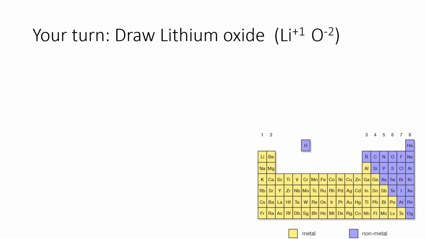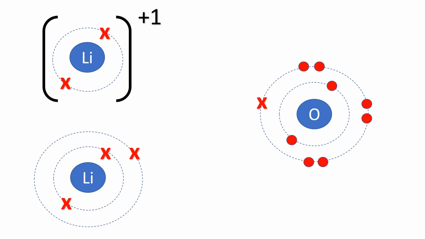Okay, have a go at lithium oxide for me this time. Be careful. The ions are Li +1 and O -2. Okay, so I've already done the first one for you with that lithium ion. It's already an ion. It's already lost the electron, and you can see that that electron has been transferred across to the oxygen already. And then, of course, that lithium is stable, but the oxygen still isn't.